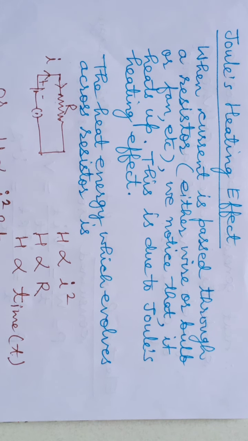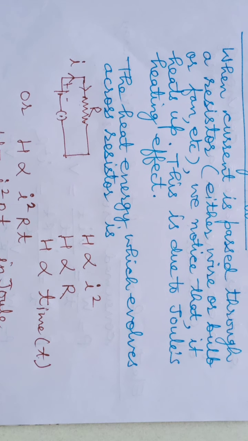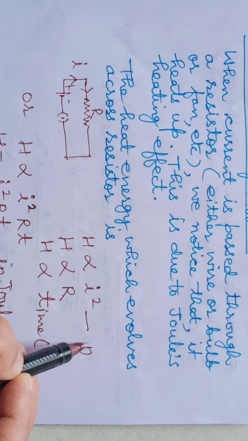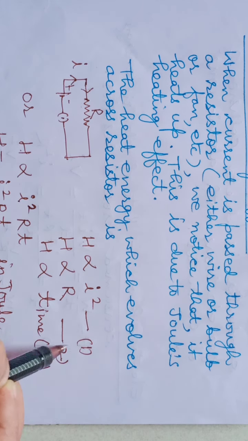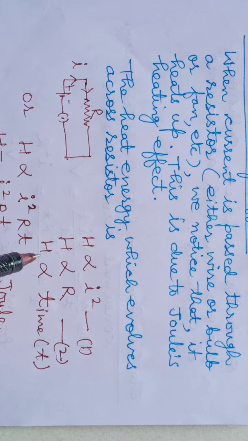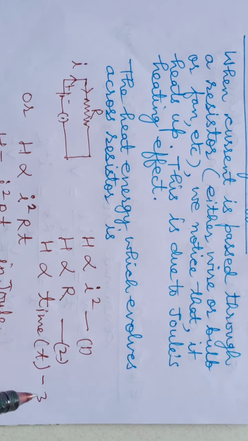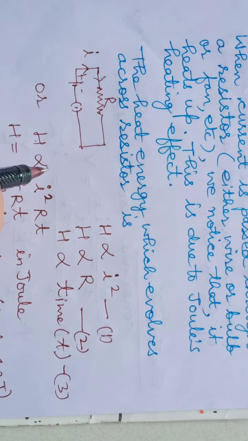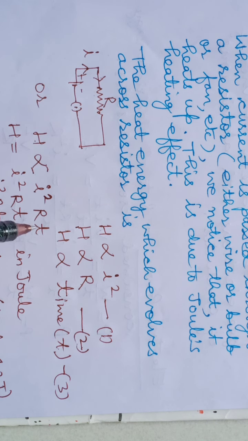So if we conclude these three experiences of Joule, then H is proportional to I square RT. I square from the first, R from the second, and time T from the third. From these three, we conclude H is proportional to I square RT.